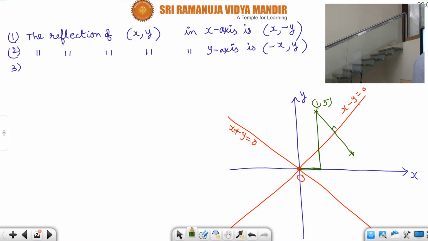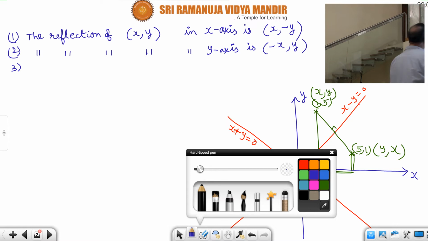Here I will get the reflection. It will be just 5 comma 1. For 1 comma 5, 5 comma 1. So generally for x comma y, it will be y comma x. Any quadrant, any point. So I am writing the formula now.